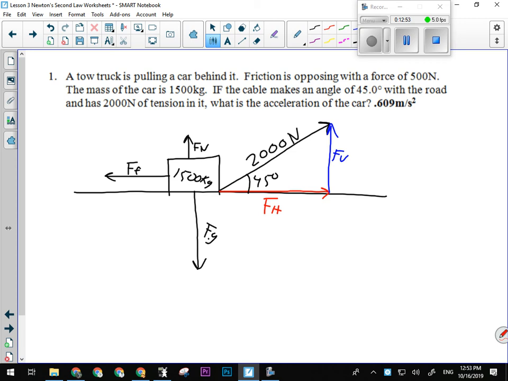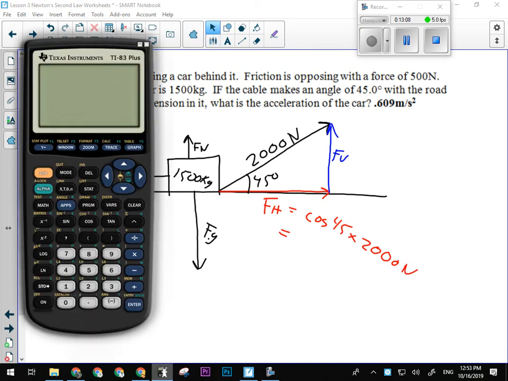Can I calculate that horizontal force? Yes. I'm going to calculate that horizontal force by going cos of 45 times 2,000 newtons. So our horizontal force is going to be 1,414 newtons.